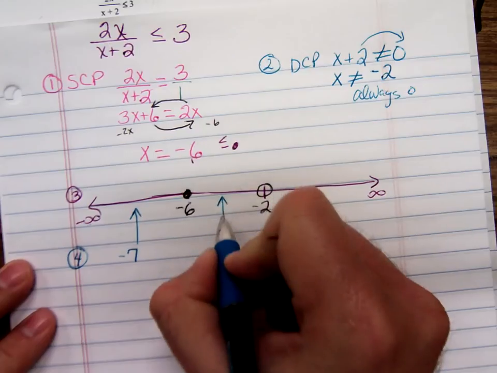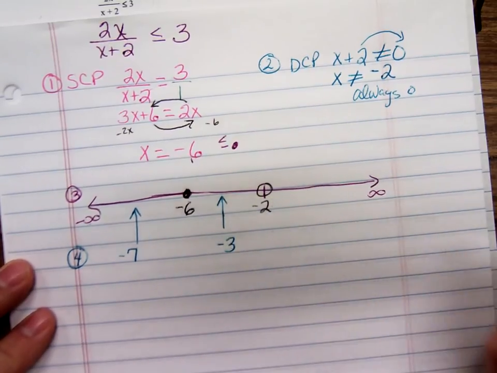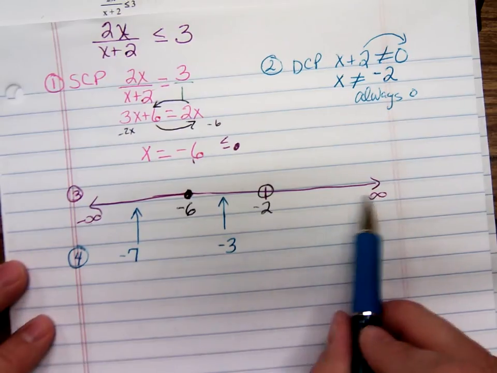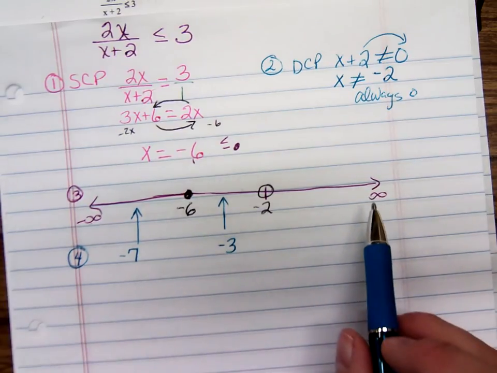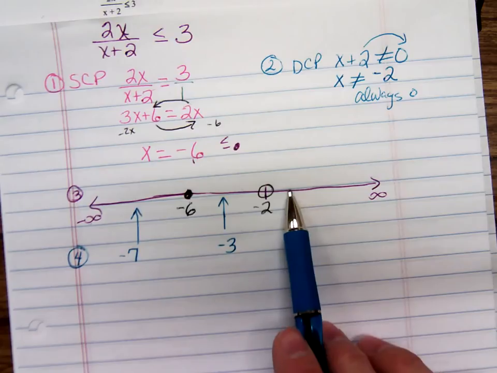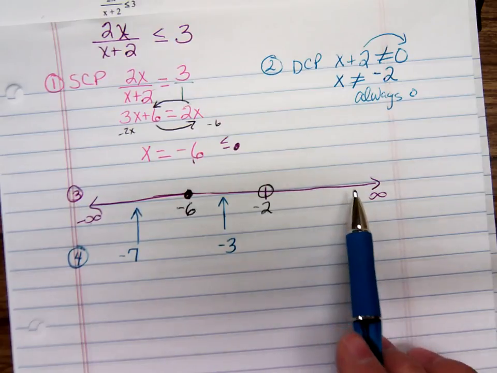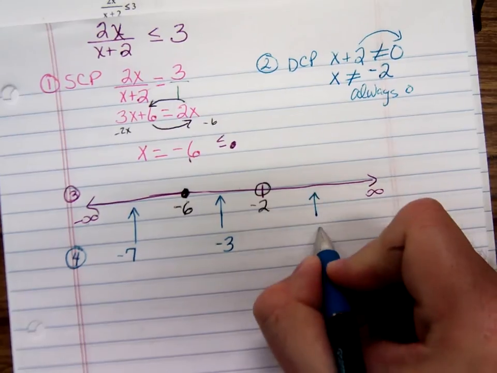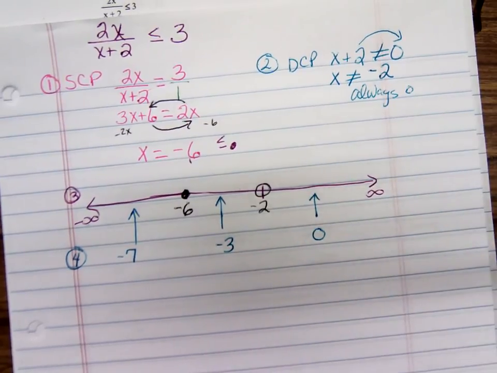I guess I'll just use a -3. And then can you imagine all the numbers between -2 and infinity? Let's see, that'd be -1, 0, 1, 2, 3, 4, 5, 6, 7. Whenever possible, I'll usually use 0 because that's usually a pretty easy number to test.